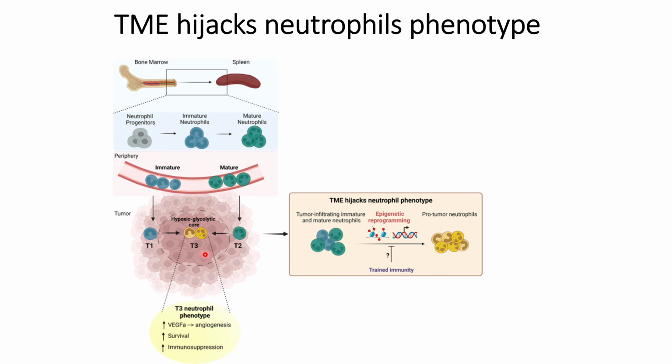By targeting the neutrophils with T3 characteristics, that is the T3 phenotype, researchers might be able to increase the efficacy of current immunotherapies, as T3 is causing more immunosuppression, and it also helps in angiogenesis, which further supports tumor survival.